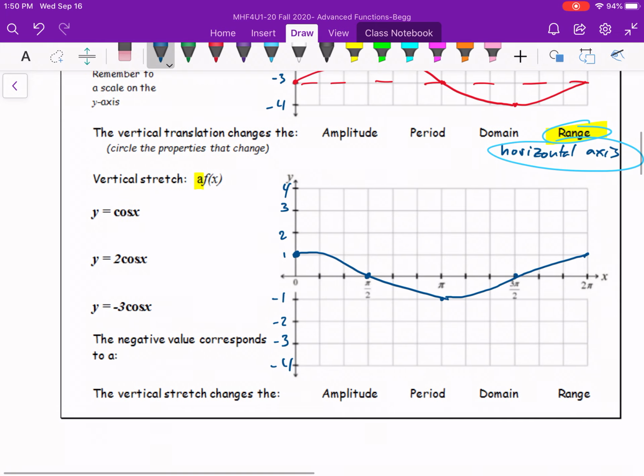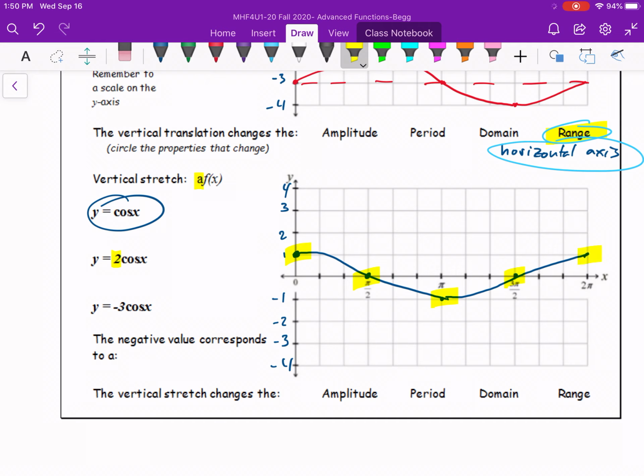So that's the parent function again, in blue. And the next one has an a value of 2, a vertical stretch of 2. So if I look at all the y values, again, I could go for the mapping formula, but let's just look at the y values for those 5 points that I've got here.